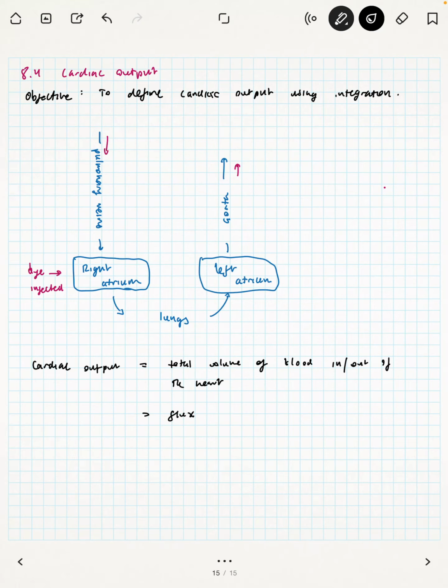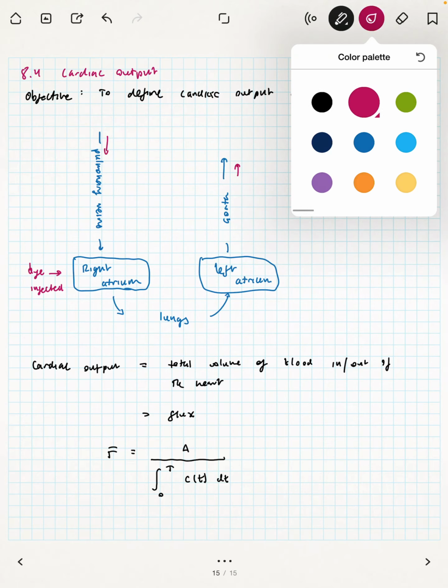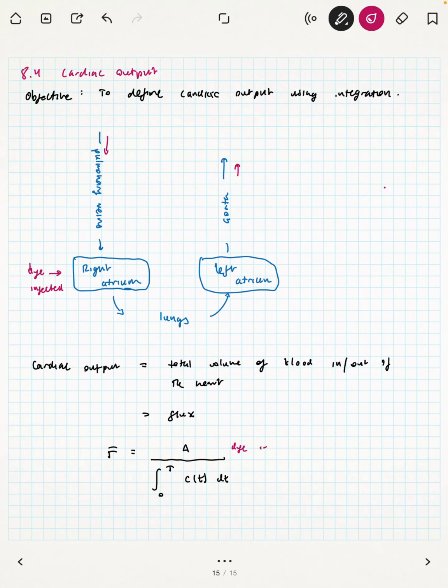And so the way that the dye is helpful is that this flux is measured as a proportion where we are looking at the concentration of the dye as a function of time, and we're going to measure the integral up until the time that the dye clears, and divide the total amount of dye by that integral.